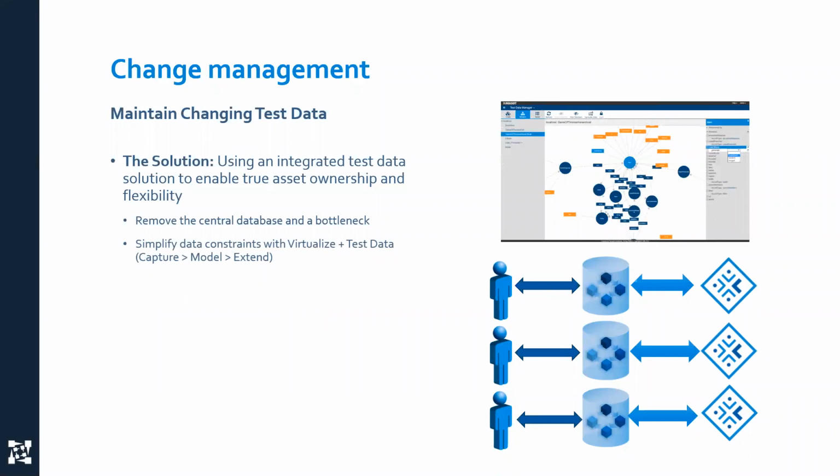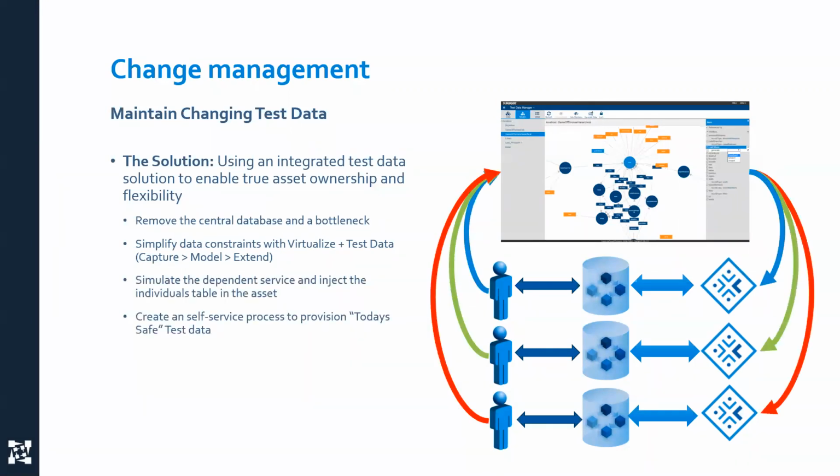And if you have an opportunity where some data is changing, but you're waiting for that ETL job or that batch job to kick off and put the new data into the test environment, having a change solution that allows you to not only model what the data looks like in your virtual service, but also to generate and extend and inject that data with the new definitions that are showing up, will allow you to have a service virtualization solution that not only manages change, but actually becomes the most proactive agent in the change process, allowing you to get ahead of service change and get ahead of data change.